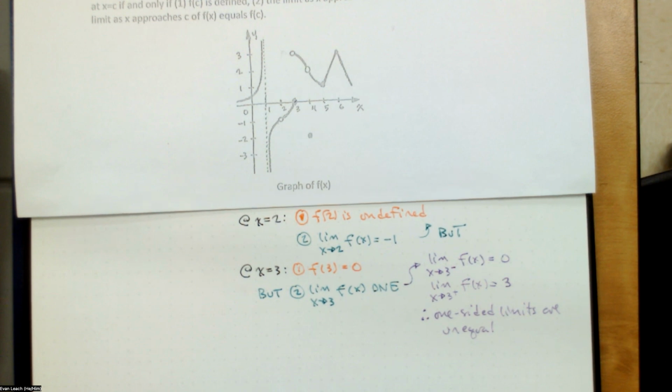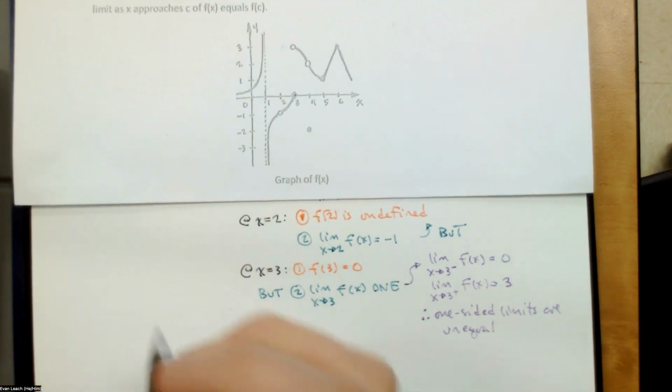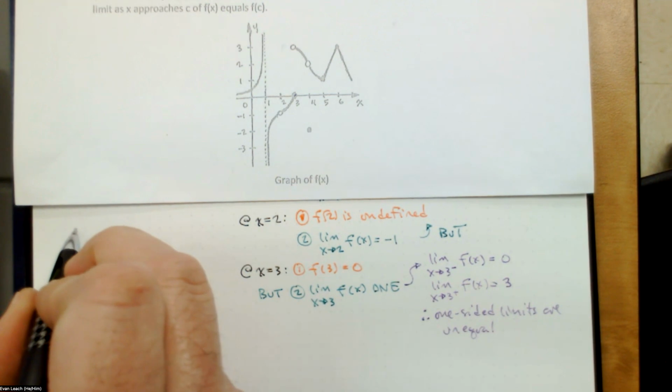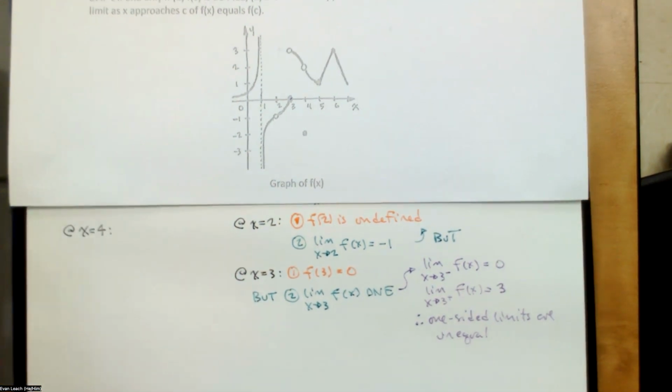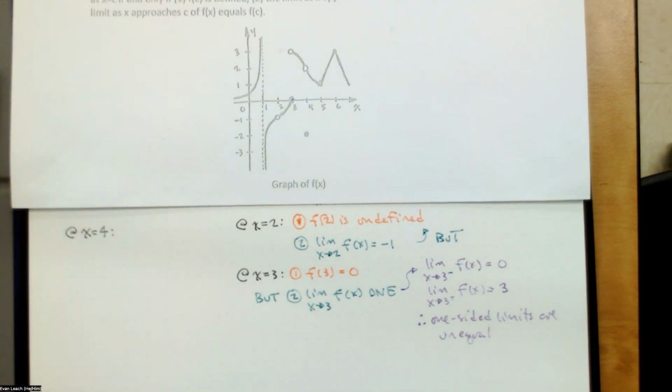So we also said the function was discontinuous at x equals 4. What's wrong at x equals 4? The limit doesn't equal the value of the function.